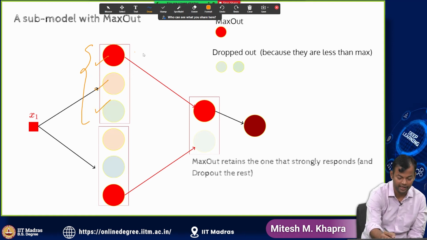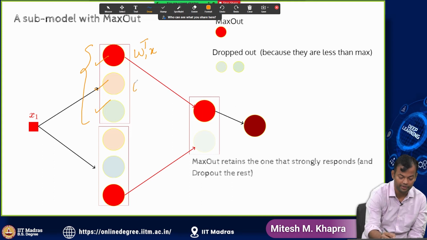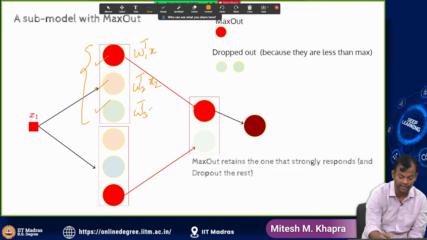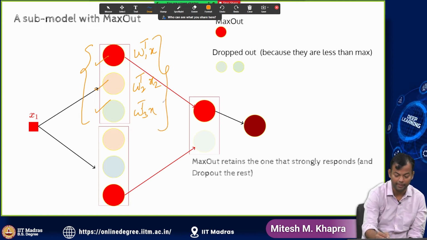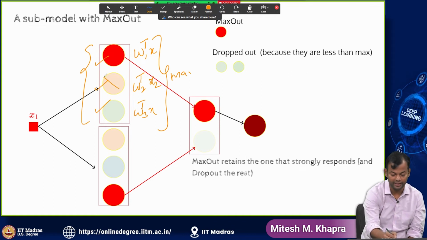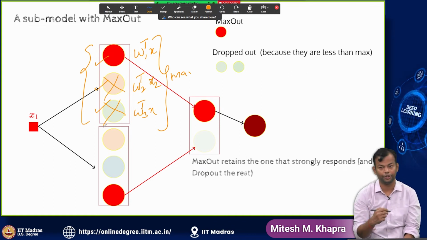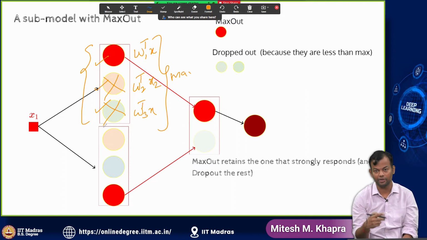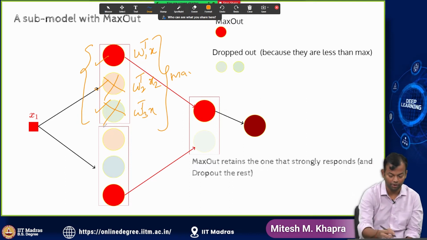Each of these has some linear transformation, right? So this is W1 transpose X, this is W2 transpose X, this is W3 transpose X, and then I'm only taking the max of these and allowing it to pass forward, right? So in essence, these 2 nodes have been dropped out because of the max operation, so you are getting the same effect as Dropout.